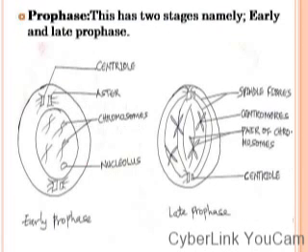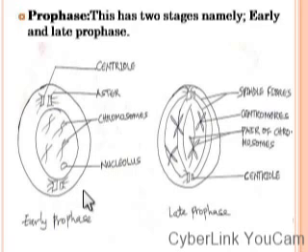Then another process that takes place at early prophase is that the centrioles move apart to the poles, to the ends of the cell. That is, what I mean is that the centrioles move apart to the poles of the cell.